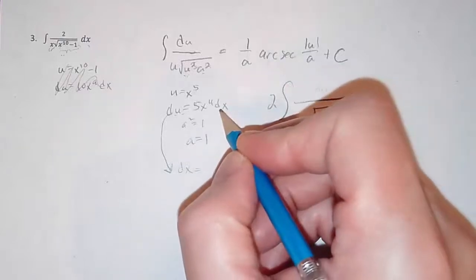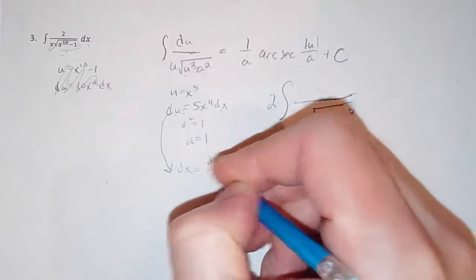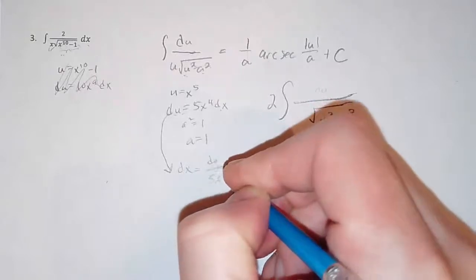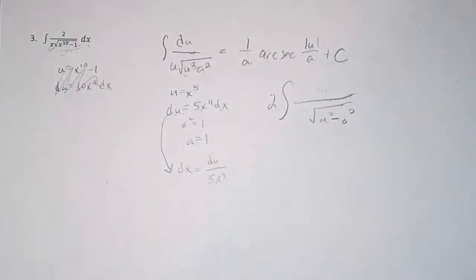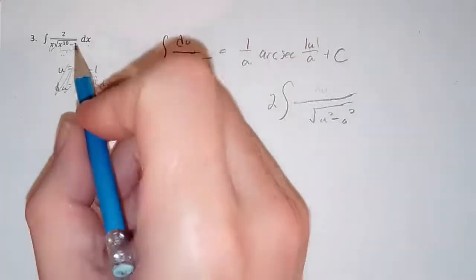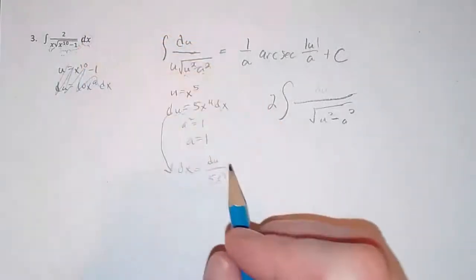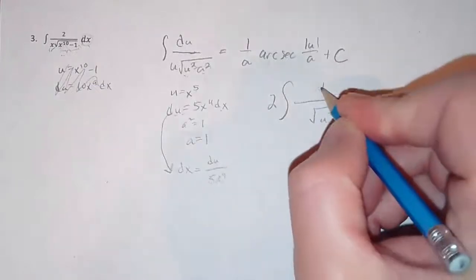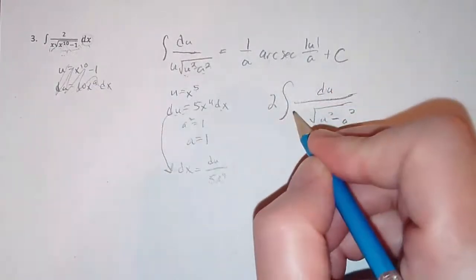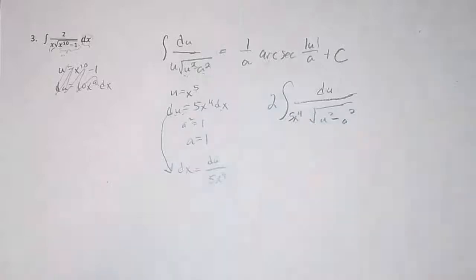So dx, to get that by itself, would have to be du over 5x to the fourth. So now if I want to replace the dx in the original problem, I can do that with a du over 5x to the fourth.